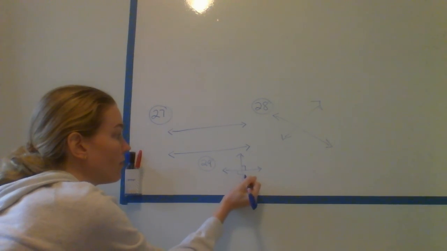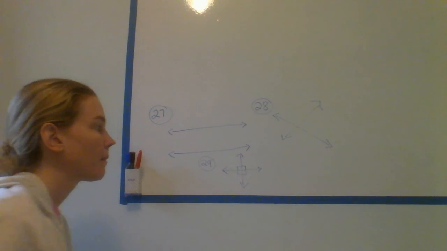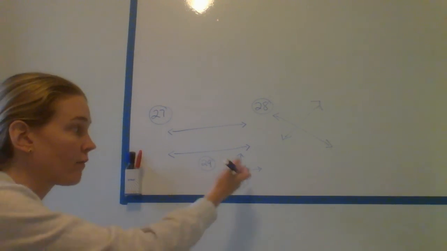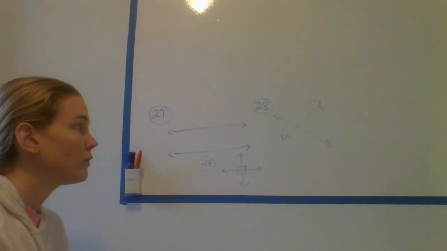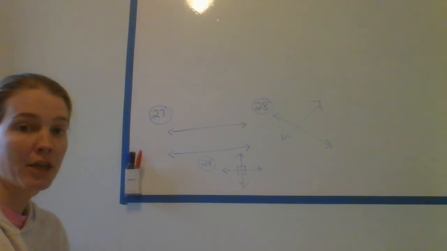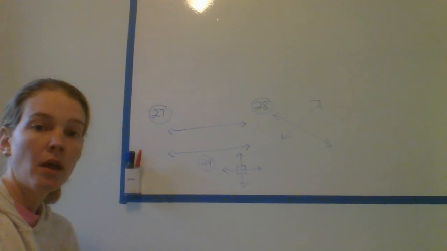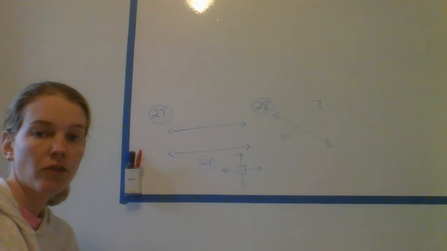In this case, they formed 4 right angles, just like that, which means it's a 90-degree angle. Forms like a perfect L, whether it's upside down or backwards or forwards. Those are perpendicular lines. So please just know the difference between the 3 of those. If you have any questions about extra practice, just let me know.